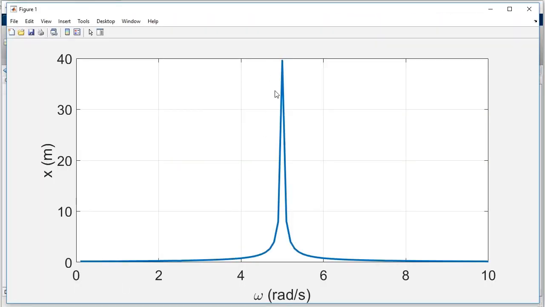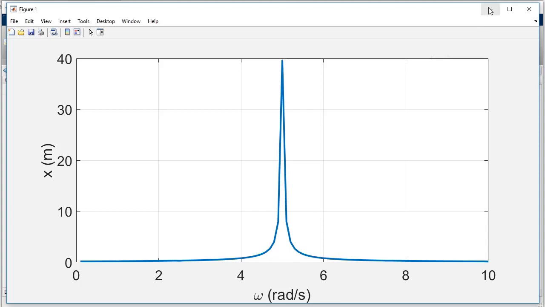Now you can see the resonance here at omega equal to 5, exactly at omega equal to 5. As we pass that omega, again the amplitude decreases. That's something interesting. This curve is called the frequency response curve. It basically shows this maximum of amplitude versus omega, not time anymore.